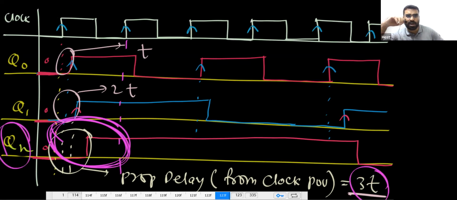If you have n flip-flops in the ripple counter, the asynchronous counter, then this propagation delay will keep increasing as n increases, and there will be a problem. What is the problem? If it crosses this boundary, the next clock edge, then uncertain behaviors will start happening.